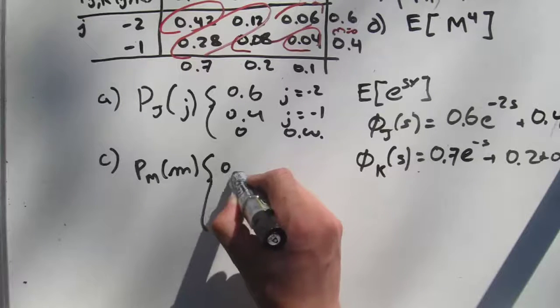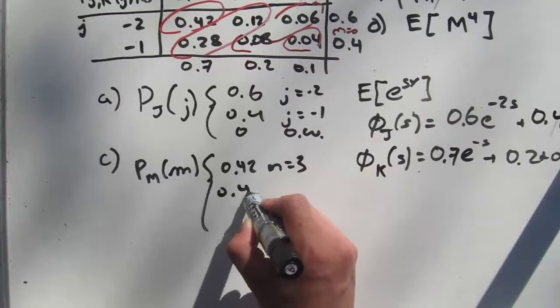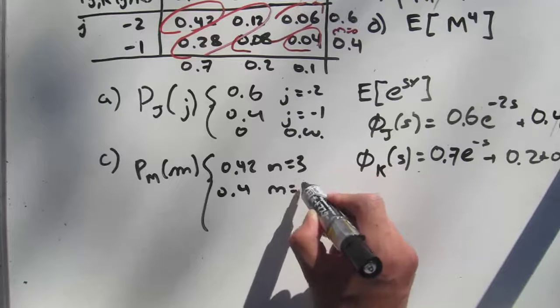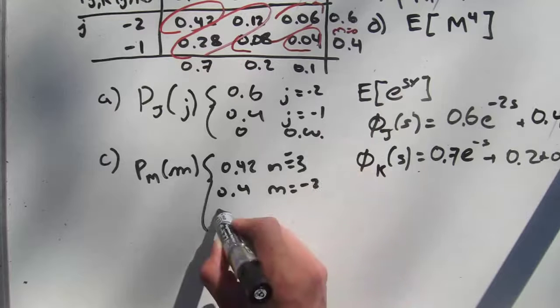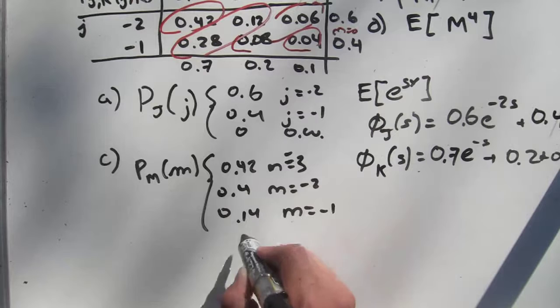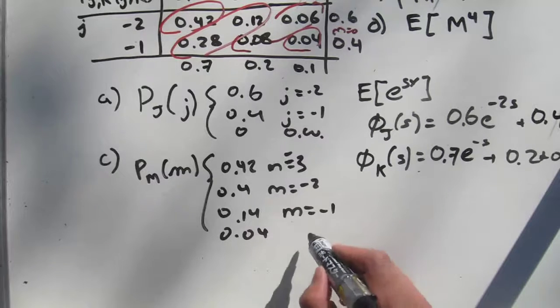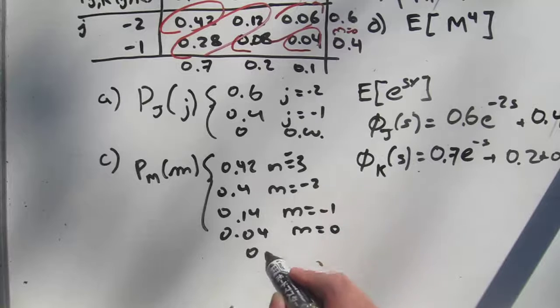And it is 0.42 for m equals minus 3, 0.4 for m equals minus 2, and 0.14 for m equals minus 1, and 0.04 for m equals 0, and 0 otherwise.